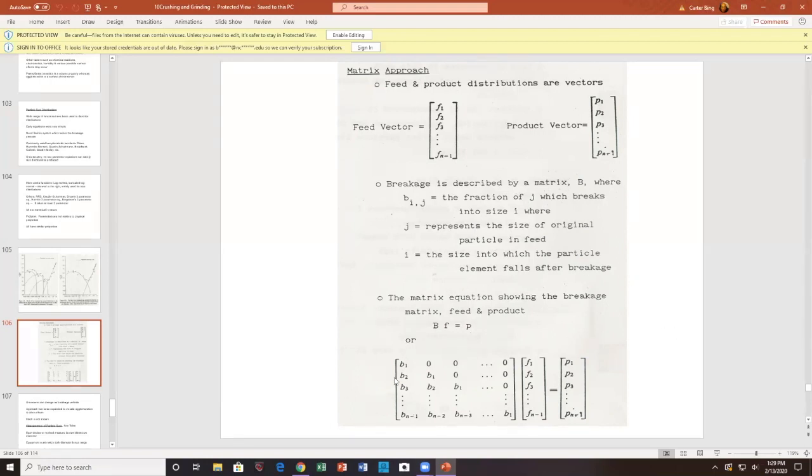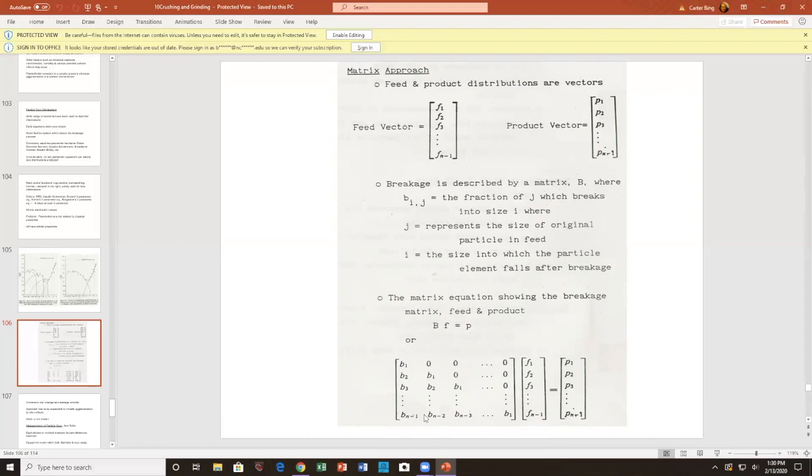So you have a breakage matrix sitting here, right? And then you take that times the feed, and then I'm not quite sure. I haven't done this work, but you have zeros up here, which makes the breakage matrix solvable, basically.